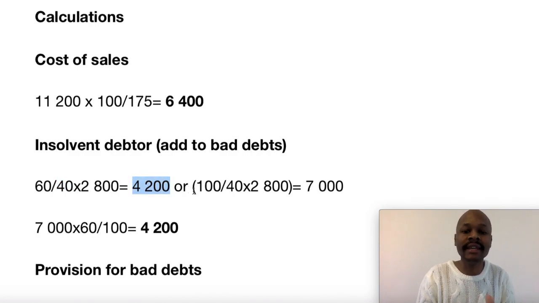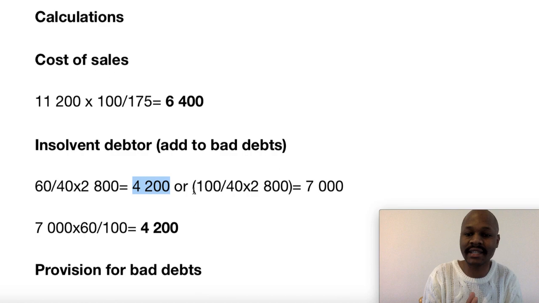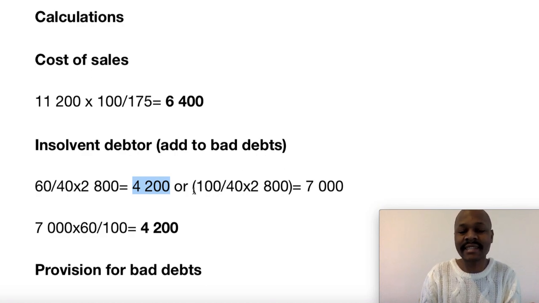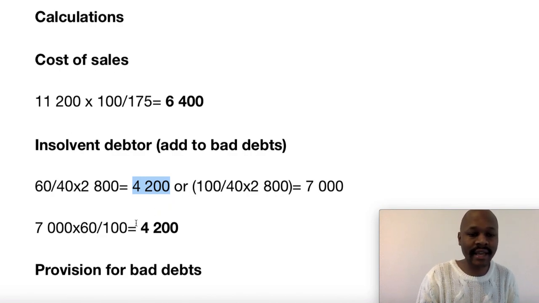Or you can simply work backwards. You'll say 2,800 multiplied by 100 divided by what you have, which is 40. It gives you 7,000. So you want to determine the bad debts figure. How will you work it out? You'll say I receive 40 and I lose 60. So I'm looking for 60.